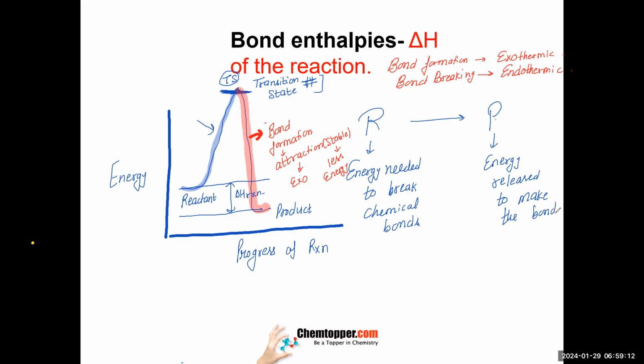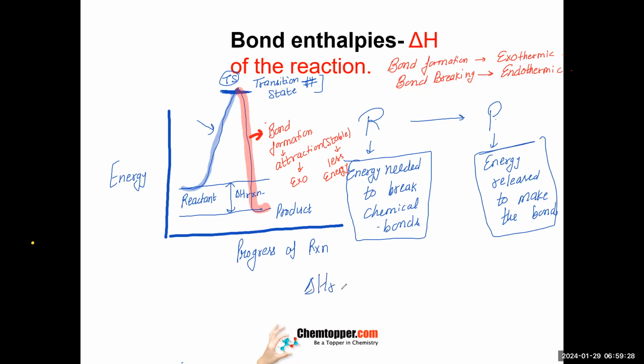If I sum all these energies, because there are so many bonds in the reactants and so many bonds in the products, you get delta H of the reaction.